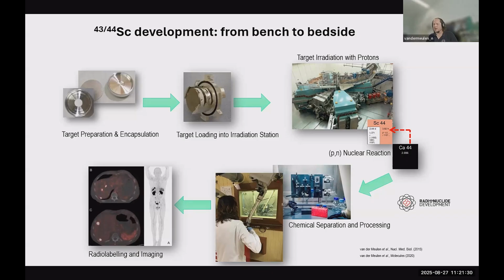So we have to try and make it available for everybody, and not make it such that it can only be made once or twice because it costs too much money.